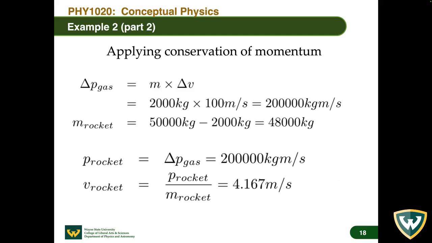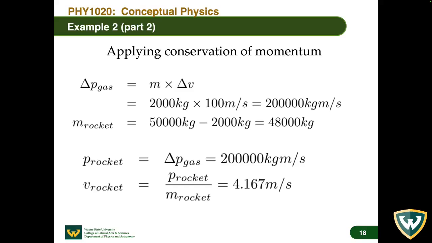The total amount of gas expelled from the rocket will have had a certain change in momentum. Essentially, you can think of the gas going from rest relative to the rocket to some high velocity, and that means the gas is changing momentum.